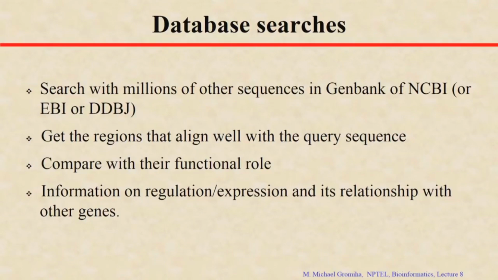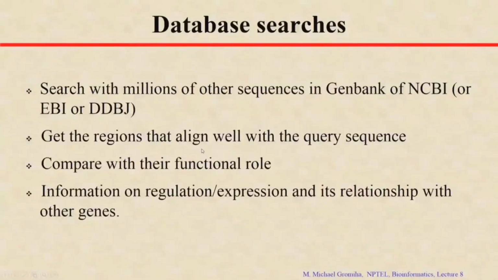So, if you could find a sequence aligned with your query sequence, you can try to understand its probable function, then the information on the regulation of expression as well as the relationship with other genes. This is why we need the databases, to find the probable sequences which are aligned with your query sequence.